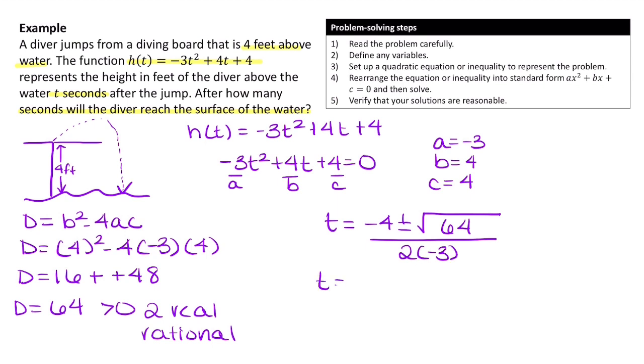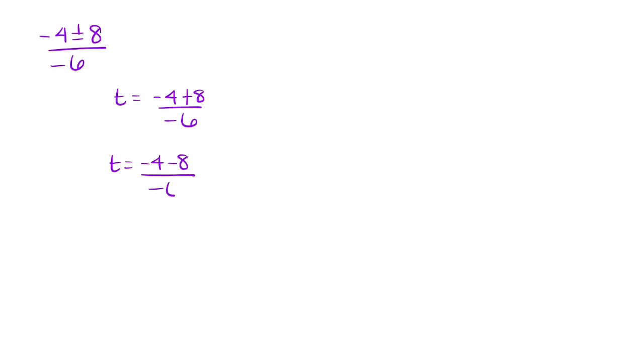So we have t equals negative 4 plus or minus 8 over negative 6. So remember that negative 4 plus or minus 8 over negative 6, I can separate into two solutions. So I have t equals negative 4 plus 8 over negative 6, and I have t equals negative 4 minus 8 over negative 6.